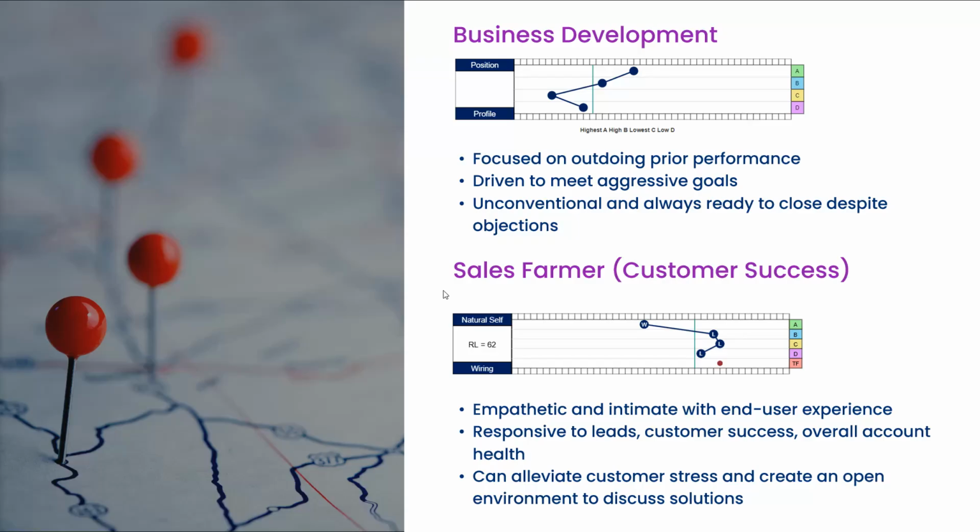But when we think of sales, again, when you look at business development, this is the profile for business development, focused on outdoing prior performance, driven to meet aggressive goals, can be unconventional in how they meet those goals, whereas sales farmer profiles, again, within that social awareness quadrant, they're a little more focused on longer term, more knowledgeable, more intimate with the customer experience and the products, but also their overall sentiment and satisfaction with what we provide.